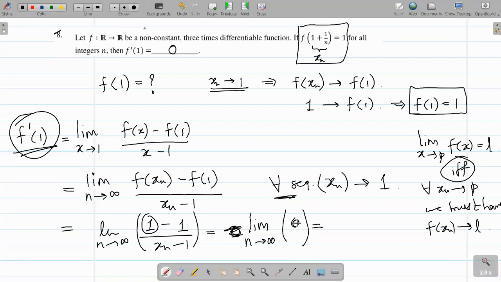So my numerator became 0, the denominator is non-zero, and so the ratio is nothing but 0. And now I am taking the limit, so the answer is 0. All right. Is this point clear?